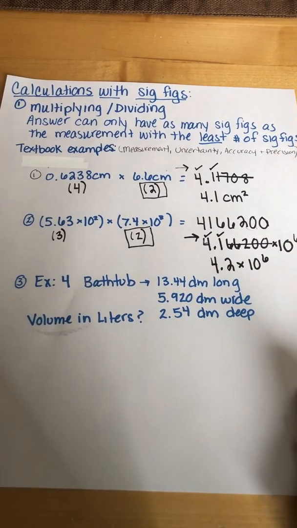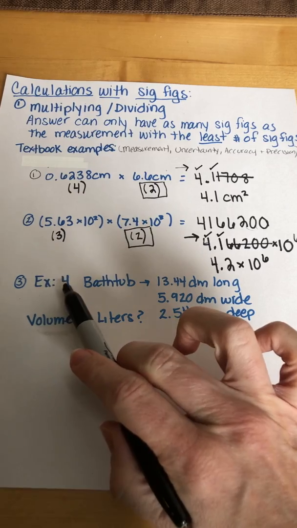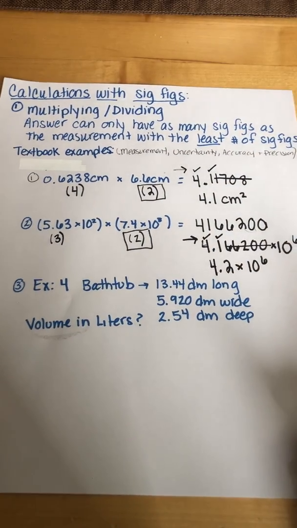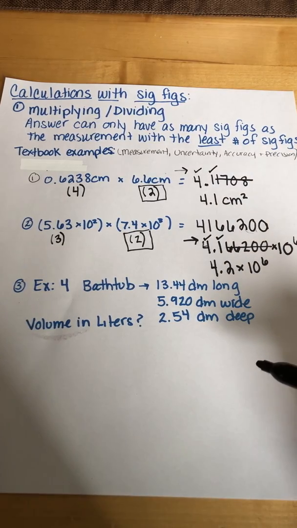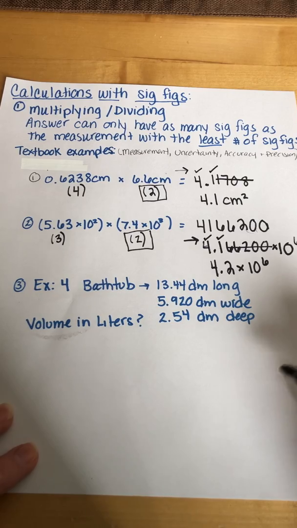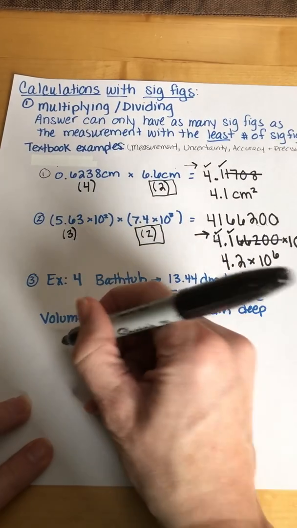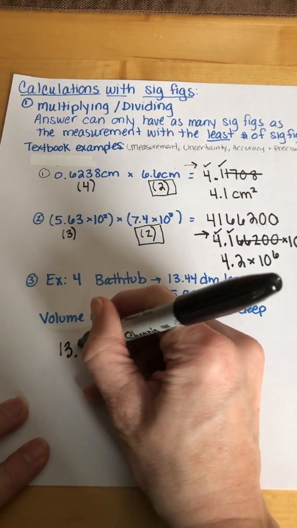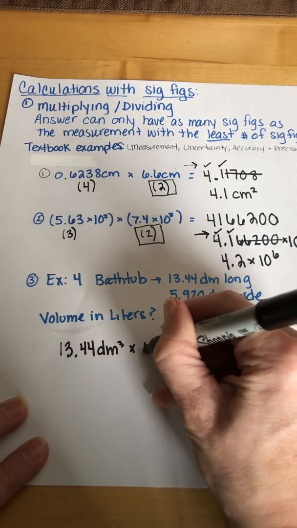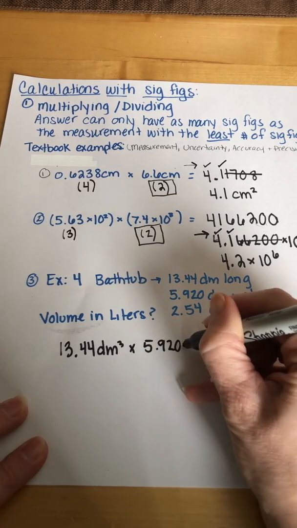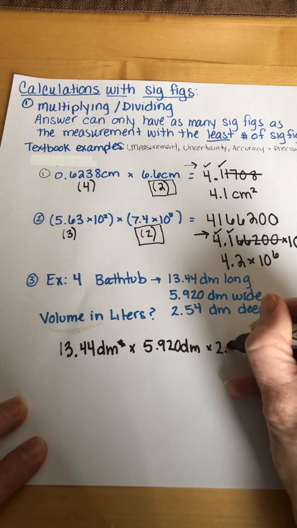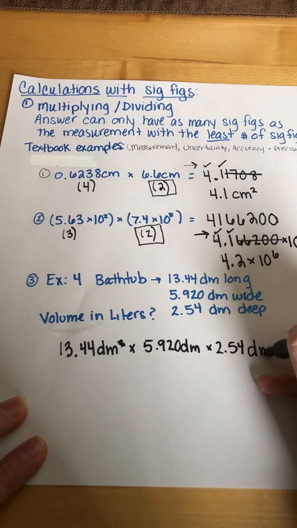And then for the last example, I grabbed number 4 under that topic. It's the one in regards to the bathtub, where you're given the dimensions of the bathtub and asked for the volume in liters. In order to find the volume, we have to take length times width times height. So we'll take the 13.44 multiplied by the 5.920, and multiplied by the 2.54.